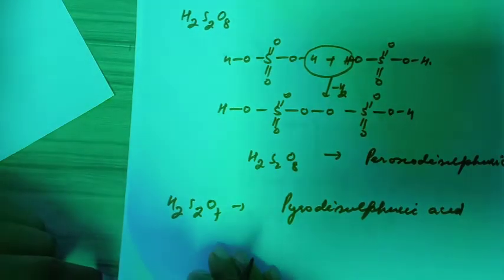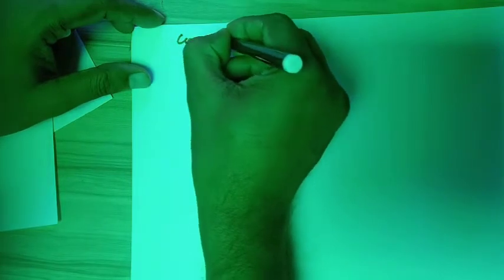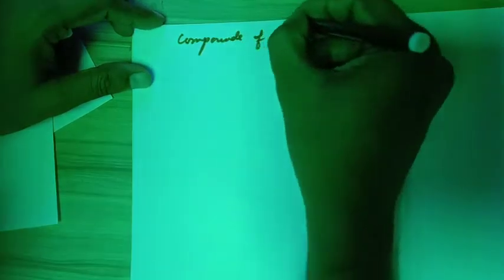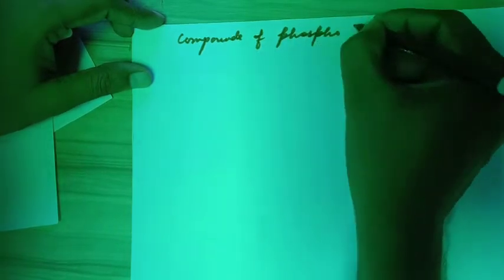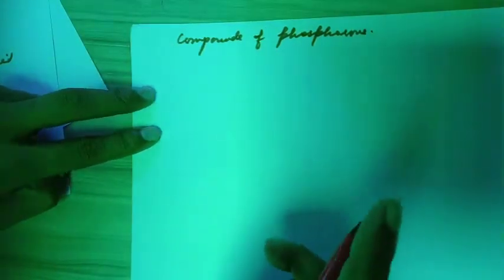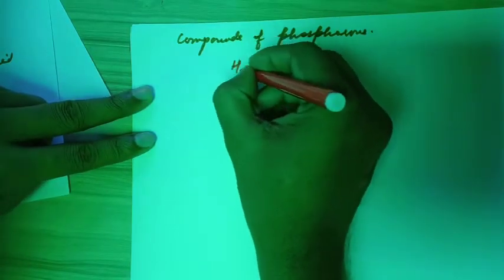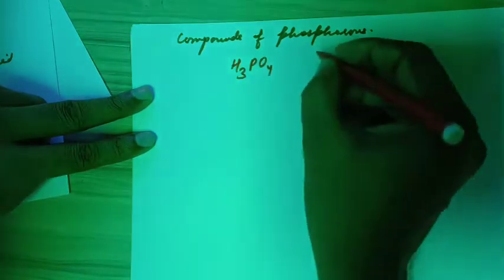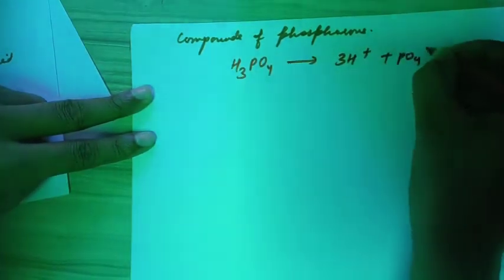Now the next topic is compounds of phosphorus. For this we have to take the basic structure of phosphoric acid, that is orthophosphoric acid, which will be H3PO4. Now it can be ionized as 3H+ plus PO4 3-.